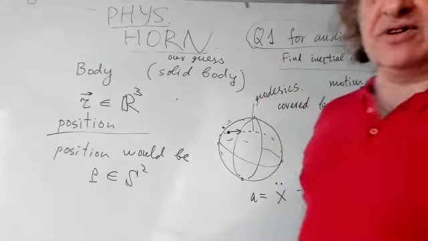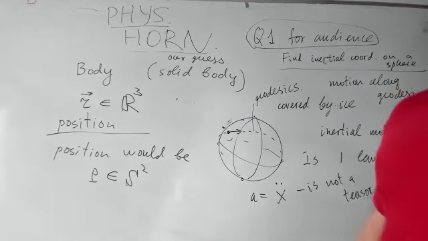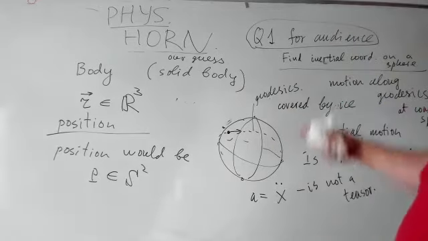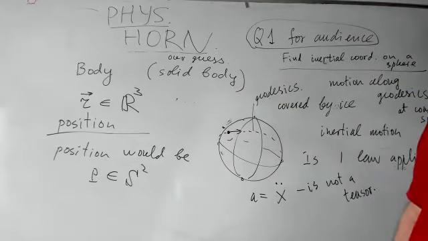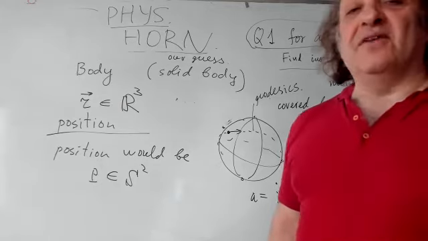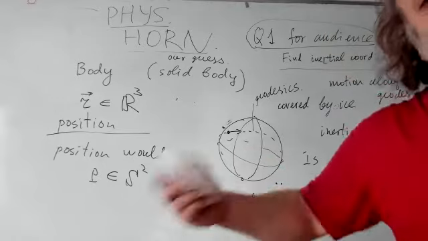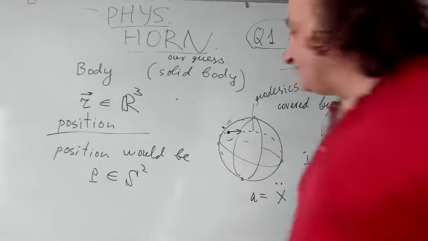And we will consider examples of this curvature. So that's why this first axiom about inertial coordinates is very doubtful. But let us go on.